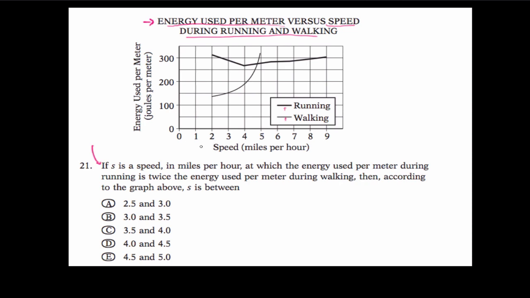What we have here is 0, 1, 2, 3, 4, 5, 6, 7, 8, 9, and then here you have 0, 100, 200, 300. Whenever there is a little disparity in the way the graph is labeled, I strongly advise you to fix in some numbers, which will help you in answering the problems.